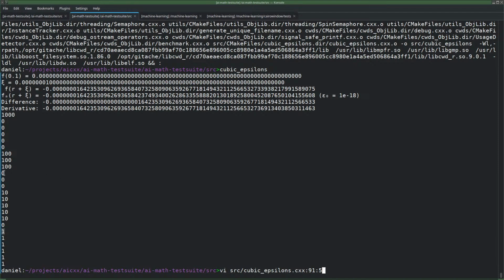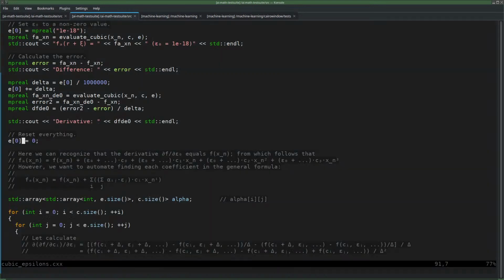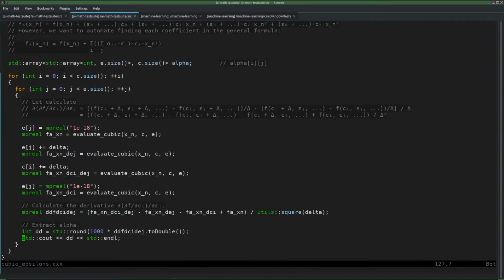But when it is 0, I don't have to do that, then it is 0. Well, I can't take the log 10 of 0. So if it is non-zero, if dd is not 0, then we can do something with it.